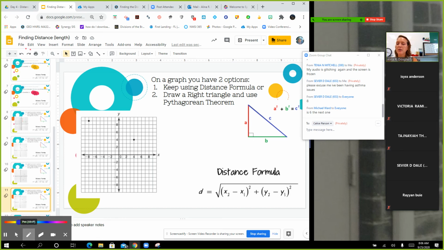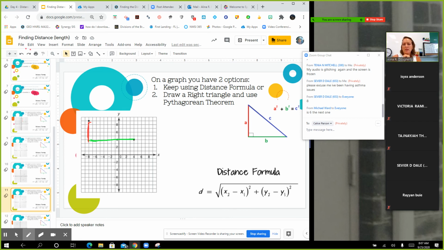If I'm going to use Pythagorean theorem, what do I need to do first? Find the horizontal. Now this one is really long, so it might play tricks with your eyeballs. And that's why some people don't like this method. So sometimes what I do is if I'm not quite sure, I draw it a little bit too long, and then I make the other one until they meet, right?